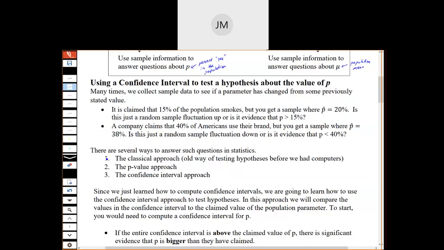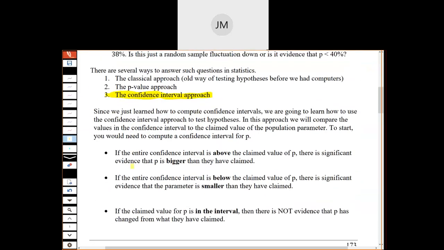We have something called a p-value approach, and we have a confidence interval approach. And because we just learned confidence intervals, we're going to use this confidence interval approach. But there are other ways of going about the same thing in statistics. They really all rely on the same math at the backbone, but they all feel very different. So it's like different ways of solving a problem.